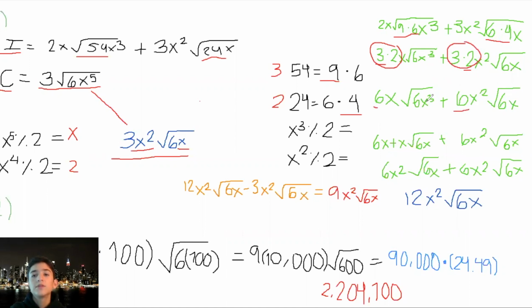Then I have to replace or divide the x that is inside. So x cubed can be divided by 2. So I leave an x inside, and now I divide it by 2. x squared divided by 2 is, no, it is 1.